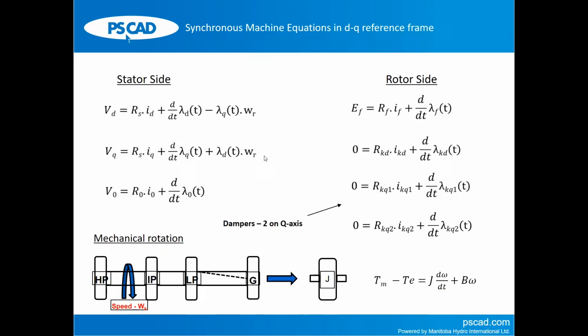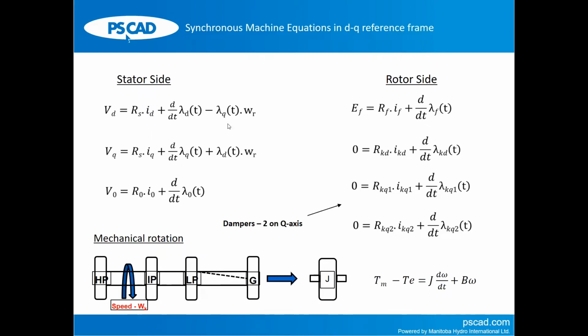Now, just very briefly, I don't want to go deep into this. If you take RMS programs and EMT programs, the rotor side equations are modeled just like they are, no approximations. For the stator side equations, if you look at VD, there are three terms. VD is equal to ID times RS, that is the resistance drop.